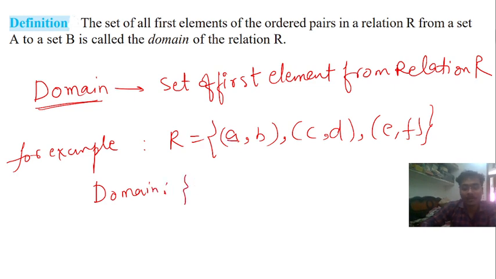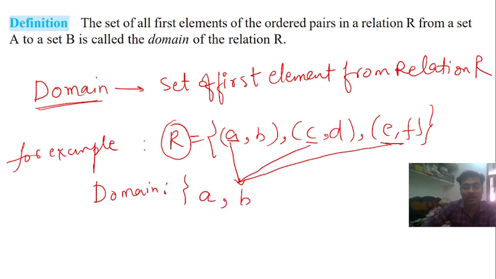So for the domain you will write A, C and F. From the relation set you will have to take the first elements, then you will have the domain set. I'm highlighting these letters. So these three are the domain.